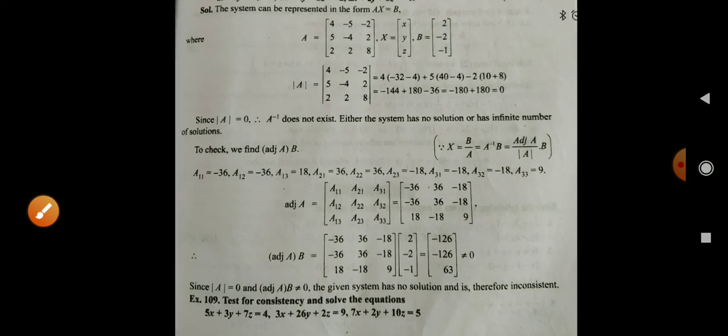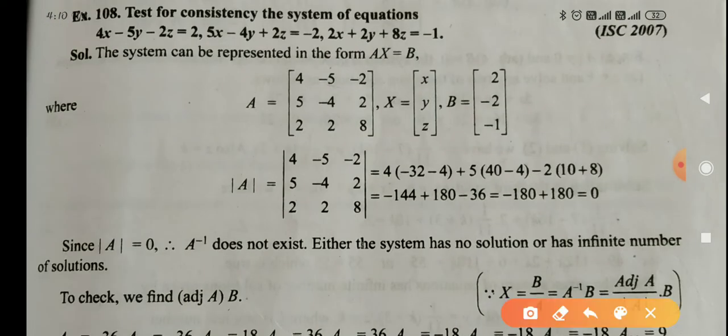Some more examples are there. You can see, now here in this example, test for consistency of system of equations. Here first of all you have to test the consistency, means whether the given system of equations is consistent or not.